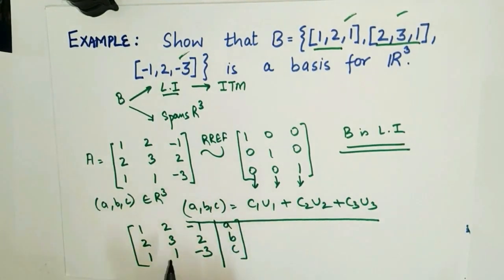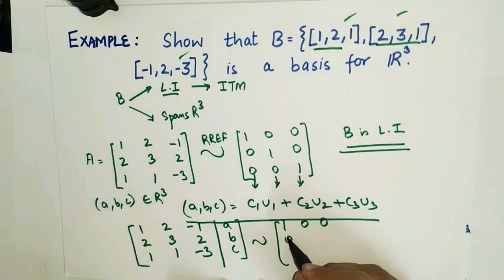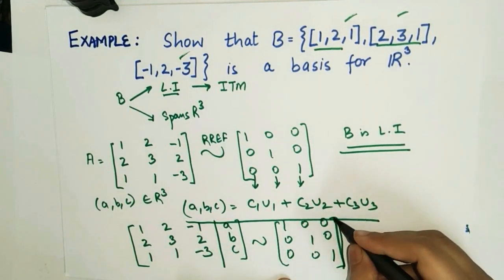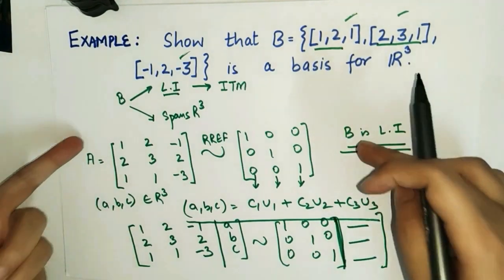We have already seen above that the RREF of this part is coming out to be 1, 0, 0, 0, 1, 0, 0, 0, 1, and then of course we'll have some elements a, b and c here. Otherwise you would have to redo the entire steps to get the RREF of this, so it is advisable to do this first and then do this.